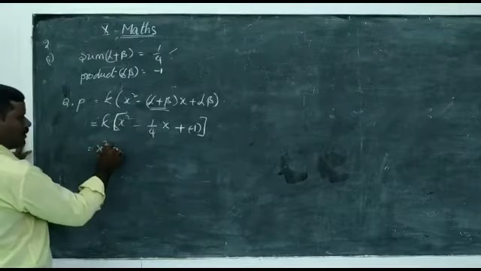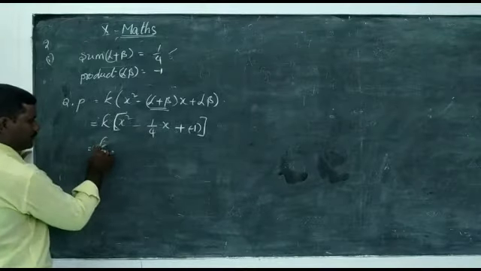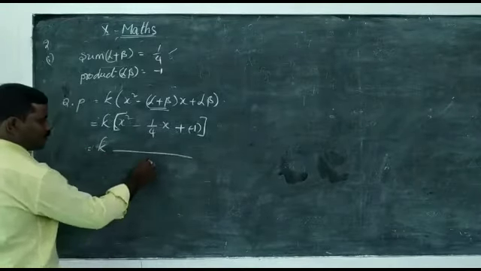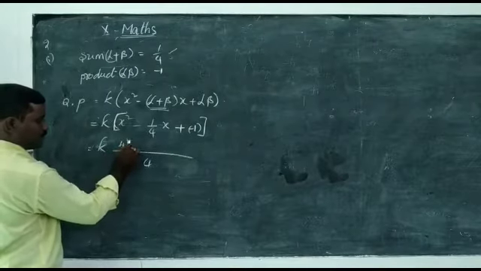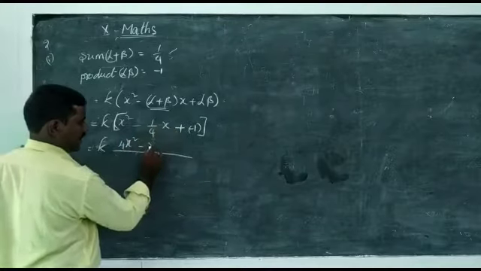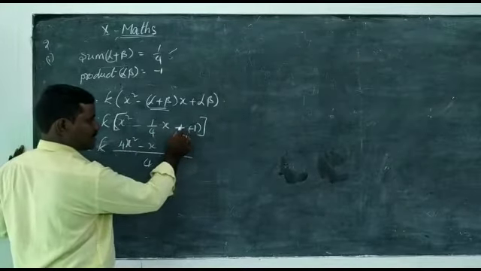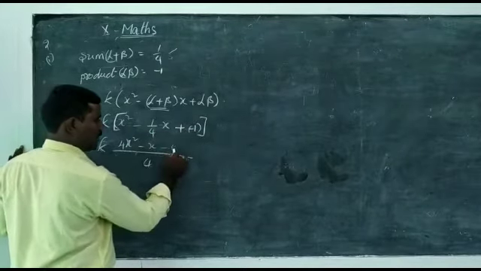Now x square into k. Find the LCM, 4 it is: 4 into x square, 4x square, minus 1 into x, minus x, and minus 1 into 4, minus 4.